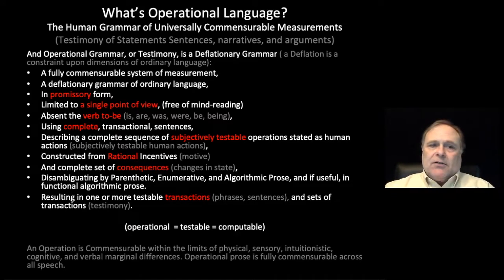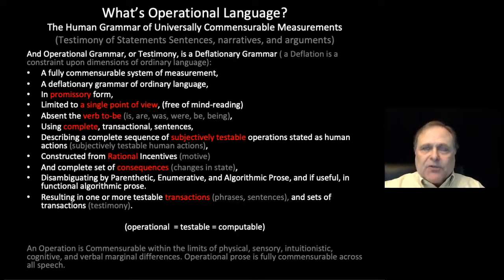So our goal or our objective is to produce a grammar, a universally commensurable set of measurements, universally set of phrases that just are combinations of transactions of those measurements, and that's an operational grammar. So we want a fully commensurable system of measurement.